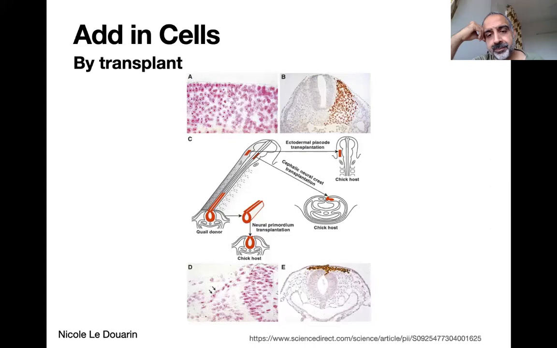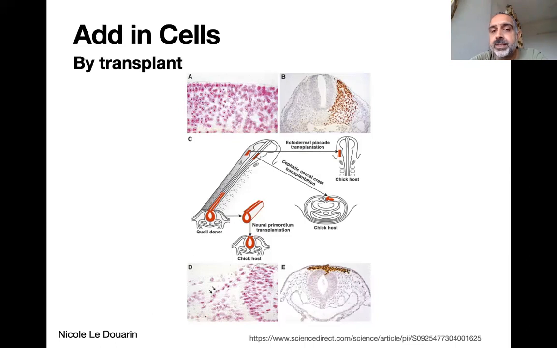Okay. So quail-chick transplants have given us a ton of information. Everyone knows what a quail is, and you know what a chicken is. They're both from the same general family, the galliforms, and they develop with the same timing, and there's not too much difference in the size of the embryos.